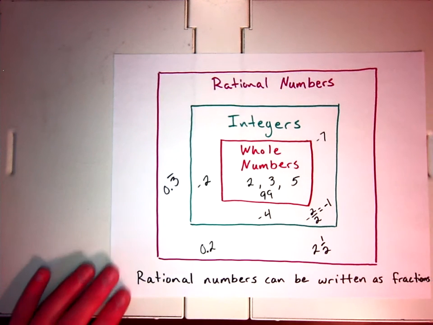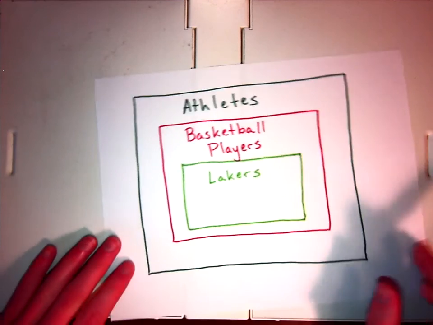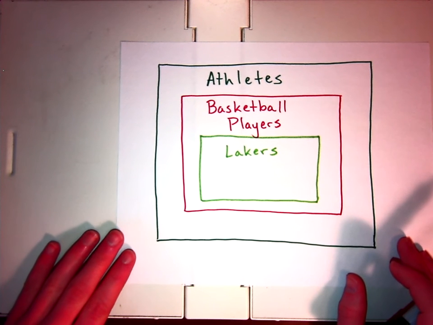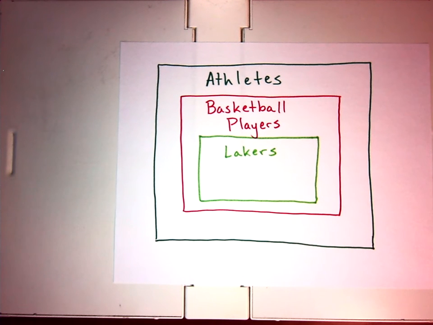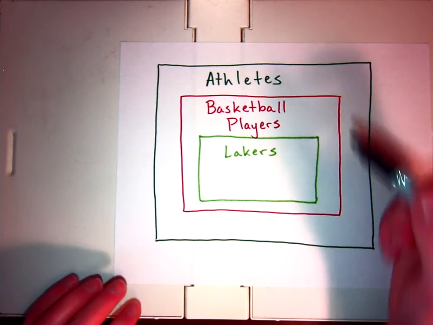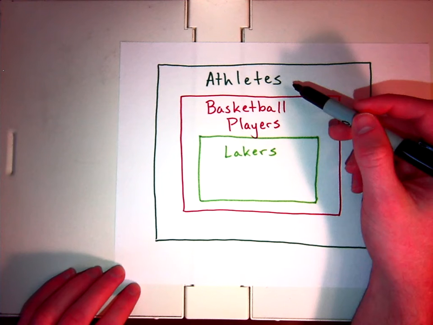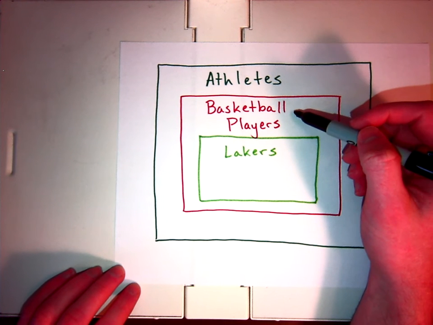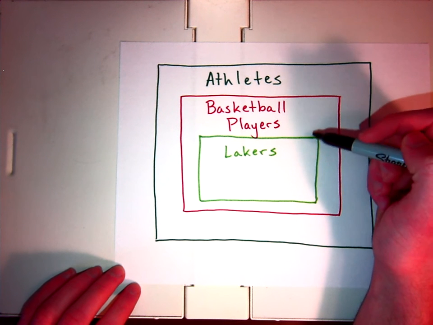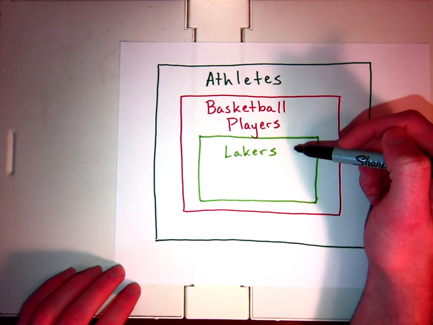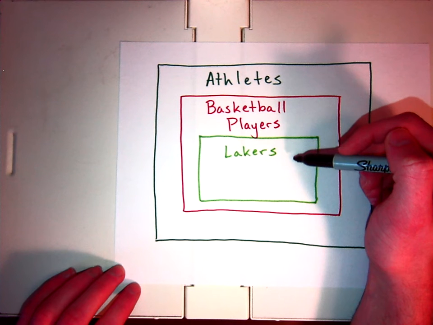So I'm going to do a really quick example, something you'll hopefully see a little easier. Here we have the broadest term, athletes. Getting more specific, basketball players. Even more specific, the Lakers.